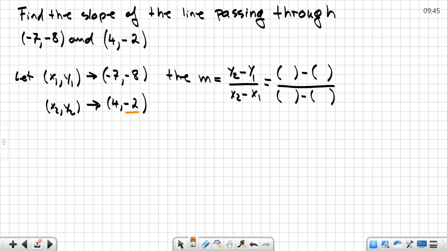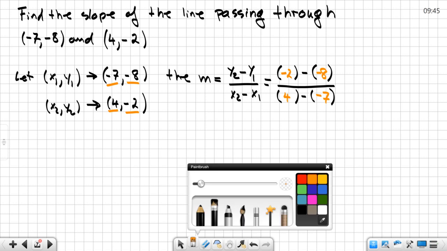Right here, negative 2. Minus y1, where is y1? Right there, negative 8. Now on the bottom, x2. What is x2? x2 is positive 4. And x1 was negative 7.